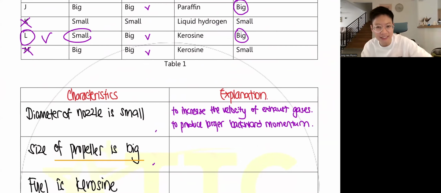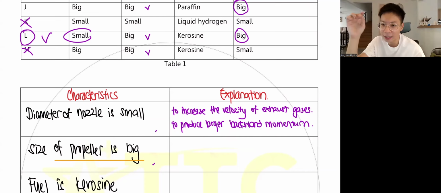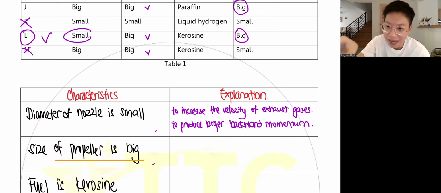Okay, I have a question here, guys. Someone asked me, teacher, let me paste it to the everyone chat. Can I just say increase velocity? Because Hafiz said increase velocity. Okay, guys, the problem is this: when your teacher marks the answer, your teacher will mark based on the schema jawapan.